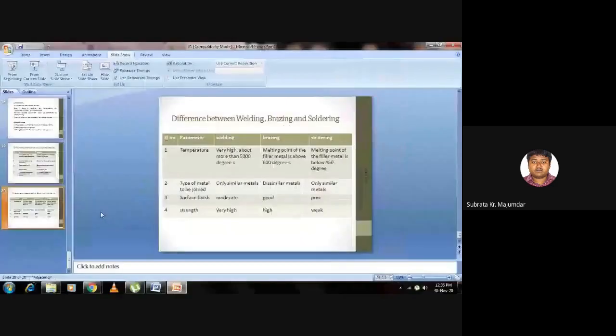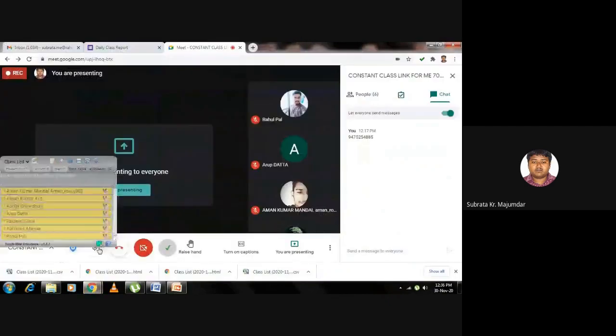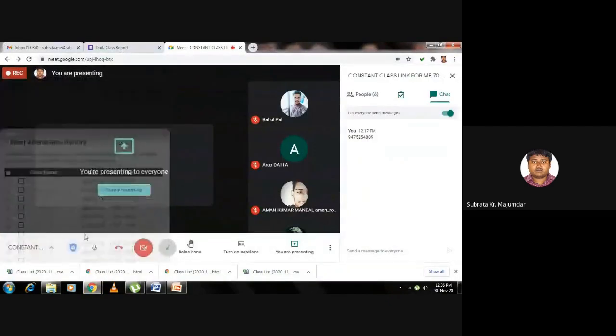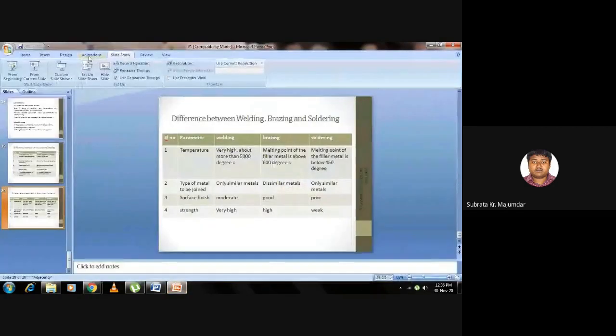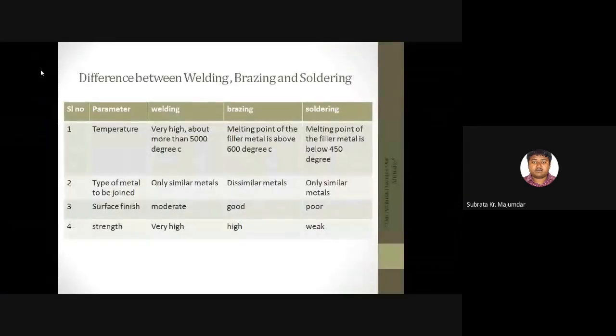Now we are going to the investment cost. In welding, the investment cost is much higher compared to brazing and soldering, because we all know that for welding, welding machines are required, electrodes are required, electrode holders are required, and power supply is required.